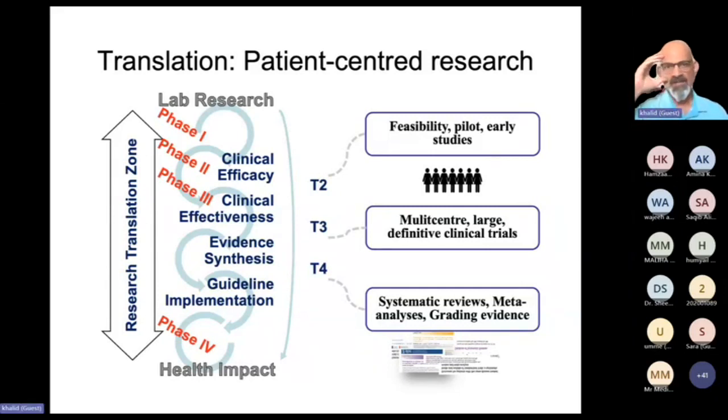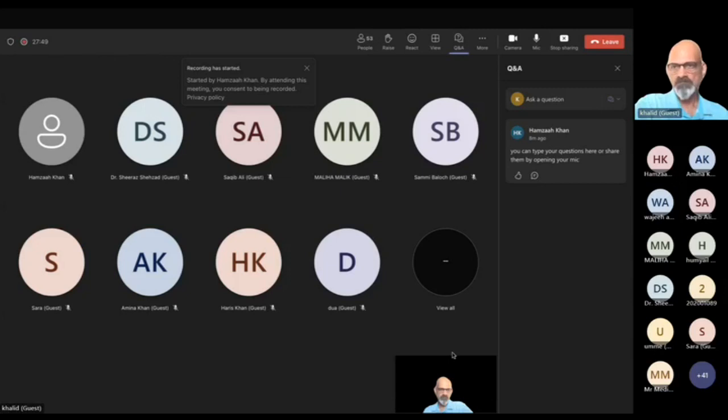So I'd like to take another break here and see if anybody has questions over here. Sir, there were a few questions in the group regarding evidence grading, but I think you will be covering that in the future slides.